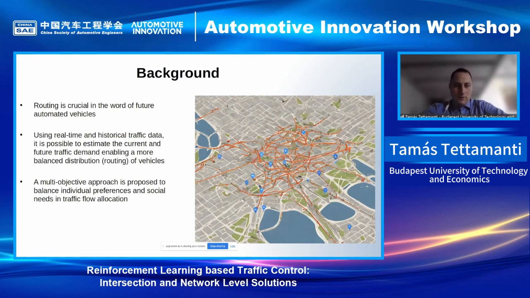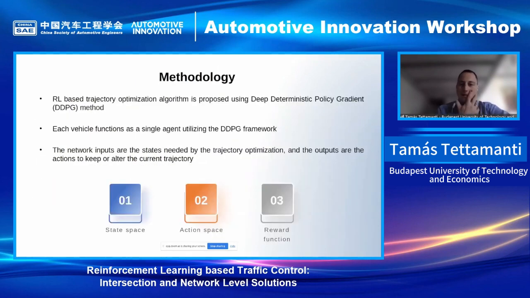So what we did here is a multi-objective approach to balance these individual and social preferences in the traffic flow allocation problem. The methodology is again reinforcement learning based, and we used the Deep Deterministic Policy Gradient, DDPG, method.